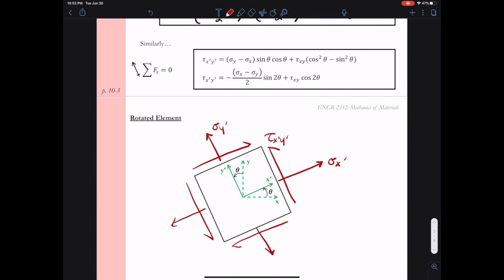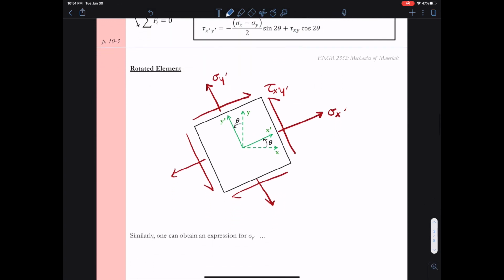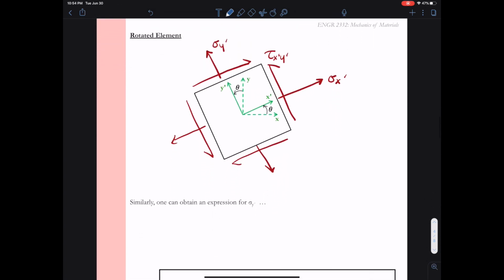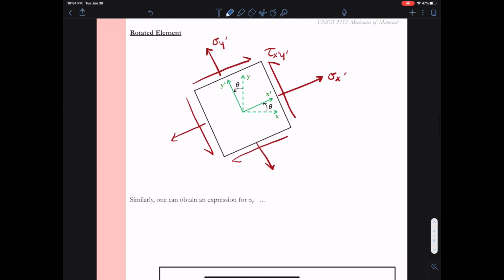By developing these stress transformation equations, we will come up with a tool that lets us find what planes have the maximum and minimum forces, and those planes might be where we expect failure.